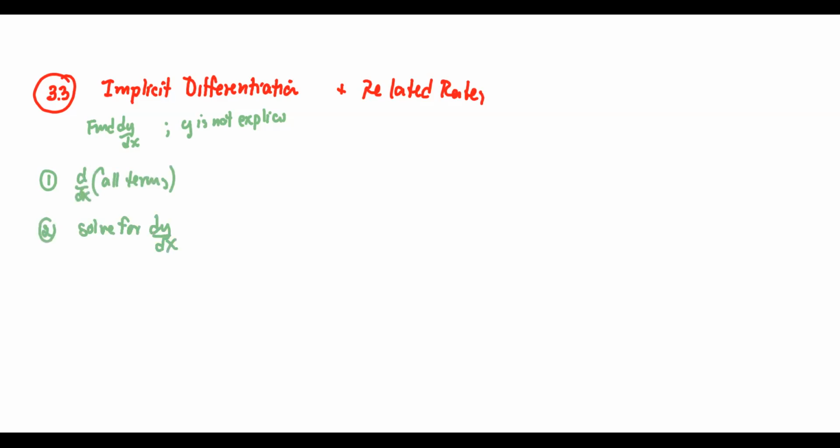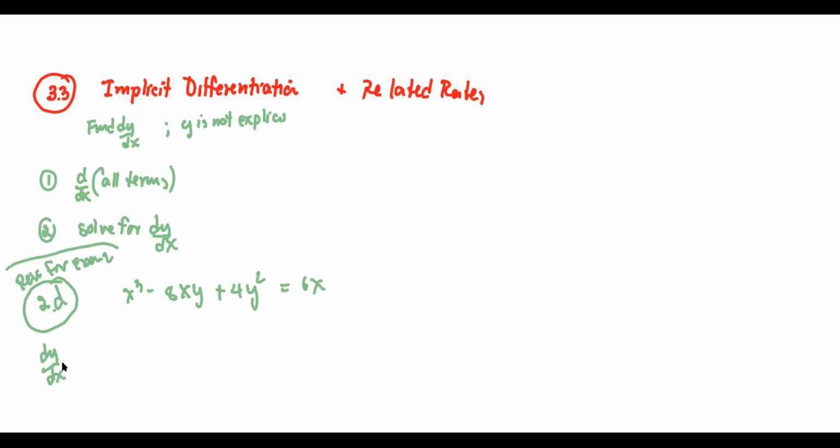Okay. As a quick example, I pick one problem from the review. If we have x to the third minus 8 times xy plus 4y squared equals 6x, this is problem 2D on the review for exam 2, and your goal is to find dy by dx.